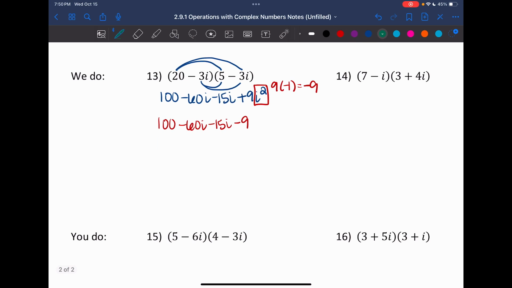Then my last step is to combine any like terms together. So we have 100 minus 9, which is 91. -60i minus 15i is -75i. And that is your final answer.